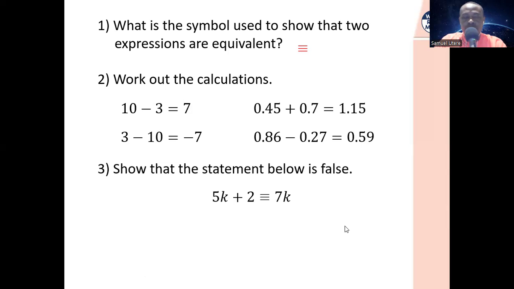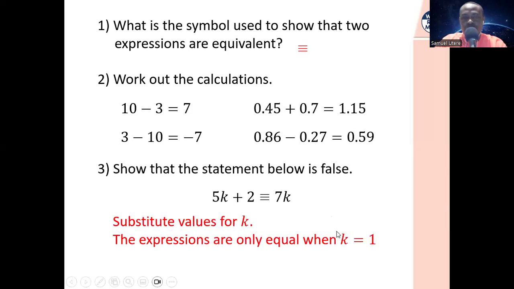And then for question 3, you were asked, show that the statement below is false. So all you had to do was to find some numbers that would prove that this is false. So substitute values for k. The expressions are only equal when k is 1.